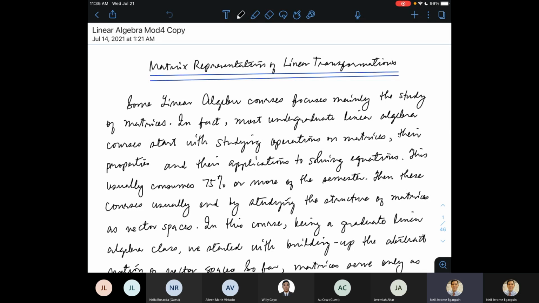Okay, so if there are none, then let's start talking about Module 4, which is about matrix representation of linear transformations. And in this chapter, we will look at why linear algebra courses, especially those at the undergraduate level, always begin or always focus on studying matrices, right?